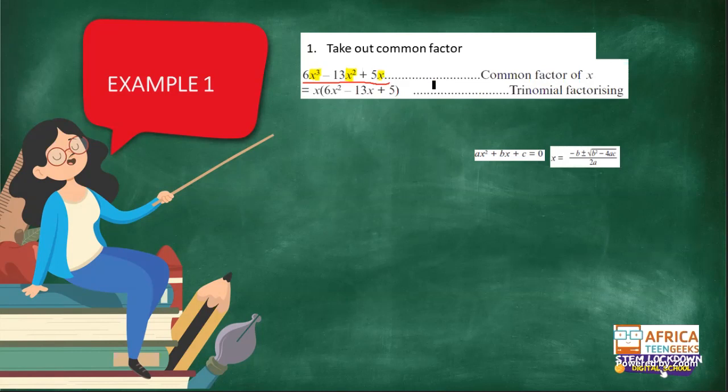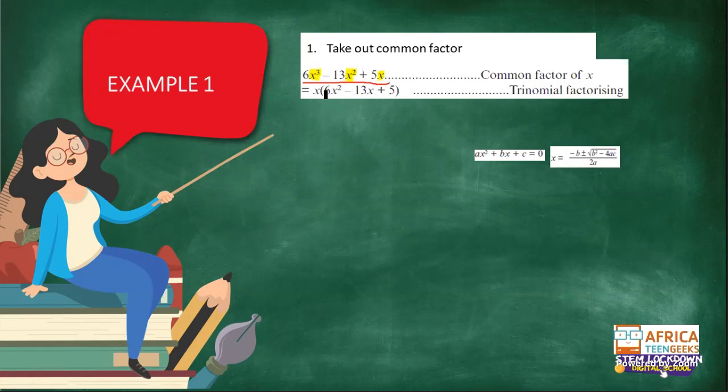So if you factor out your x, you will remain with this function, which is 6x squared minus 13x plus 5.